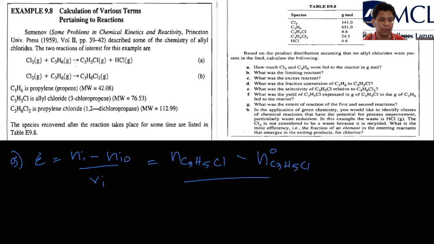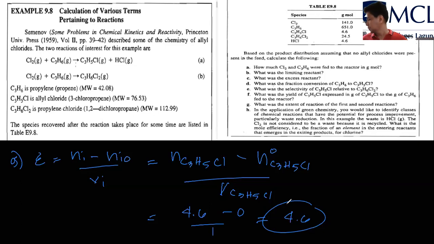The stoichiometric coefficient is 1. This is a product, so positive 1. Substituting the values, the final is 4.6 minus 0 divided by 1. So it will be positive 4.6. Do you still remember the equation for extent of the reaction?